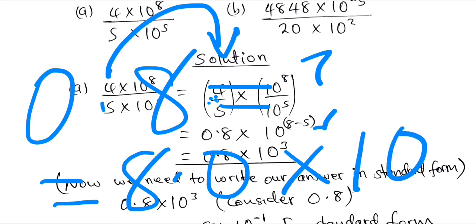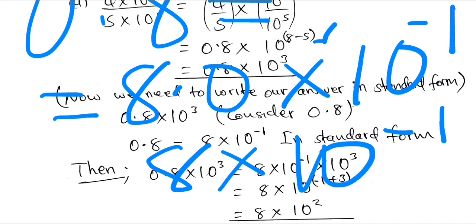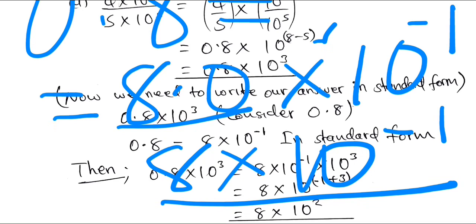How many steps do you shift? Only one step, so 10 exponent 1. But since I'm shifting in this direction, my exponent is supposed to be negative, so 10 exponent negative 1. But 8.0 is the same as 8, then times 10 exponent negative 1. So this one is the standard form of 0.8.